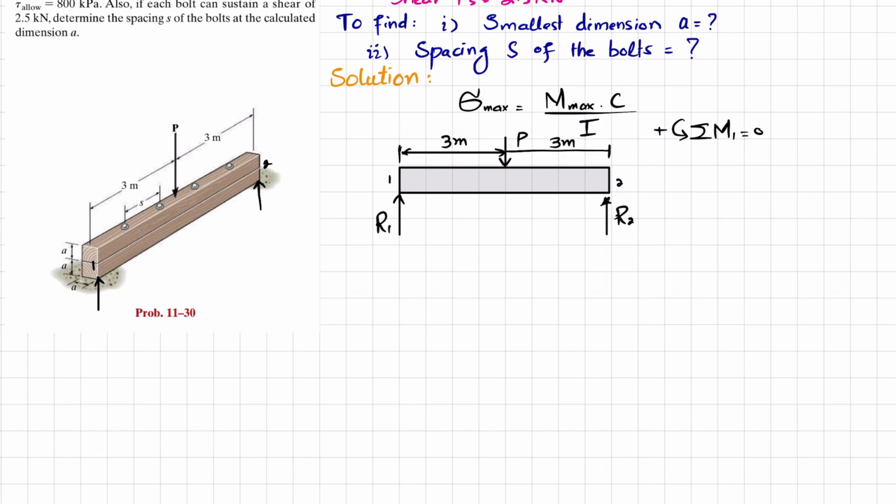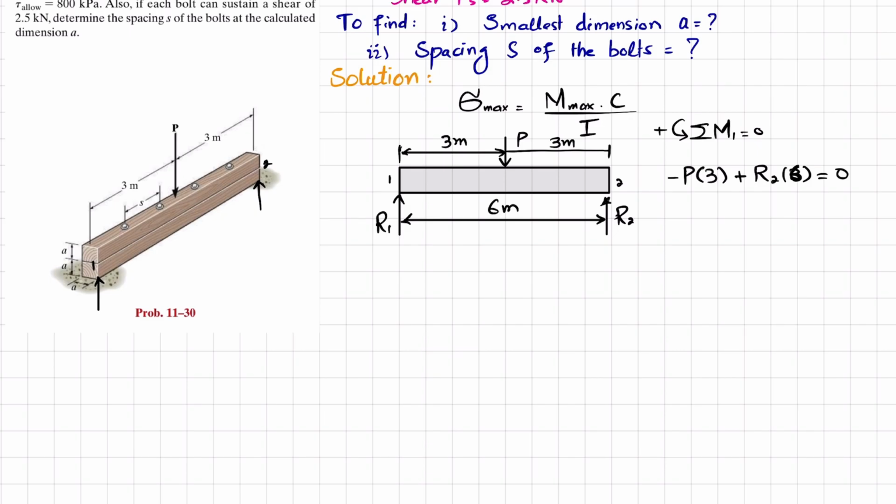So P into 3, negative, plus R2 into 6, sorry, because the total distance is 6 meter.